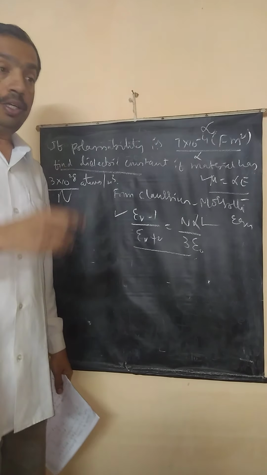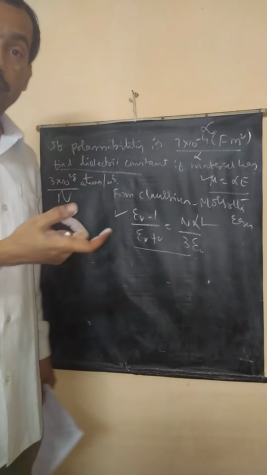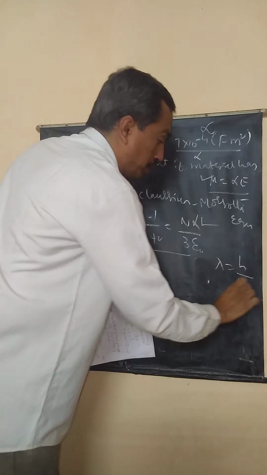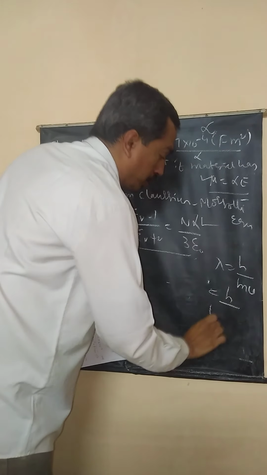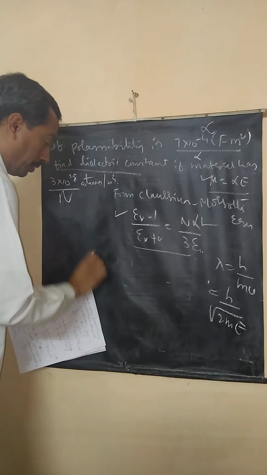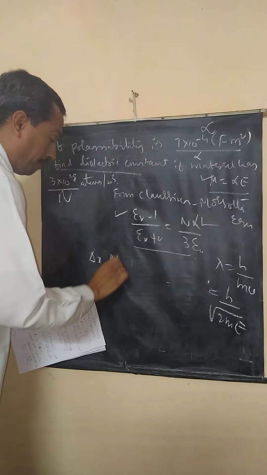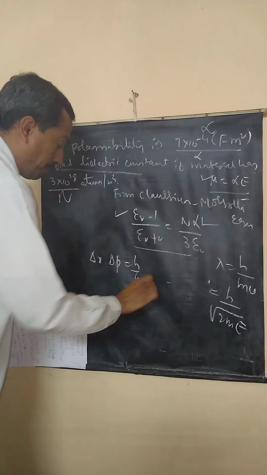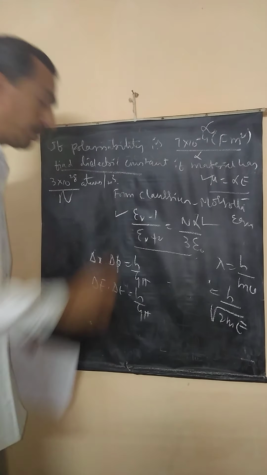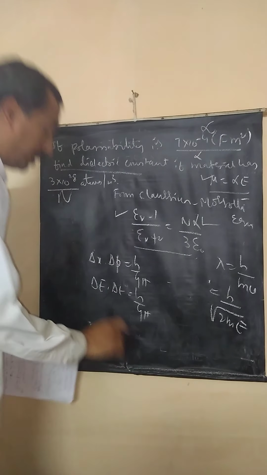In the exam, suppose you get a numerical on de Broglie theory. Write the formula, lambda is equal to h by mv. Lambda is equal to h by root of 2meV. Suppose you get a problem on uncertainty principle. Delta x into delta p is equal to h by 4 pi. Delta E into delta t is equal to h by 4 pi. Suppose you get a problem on conductivity.